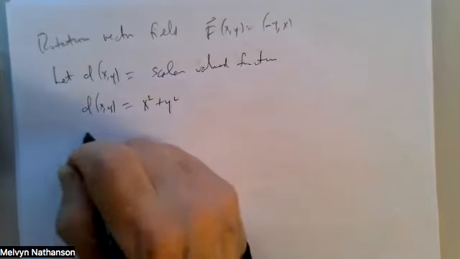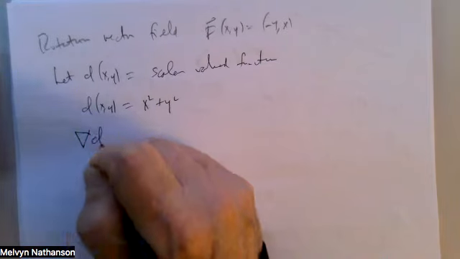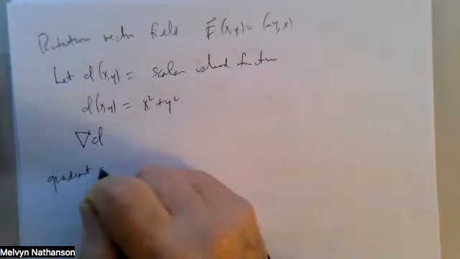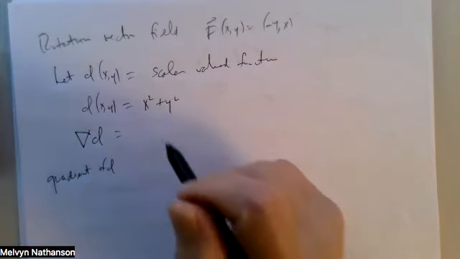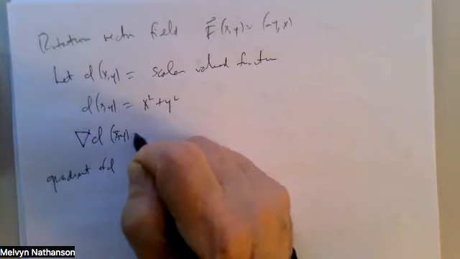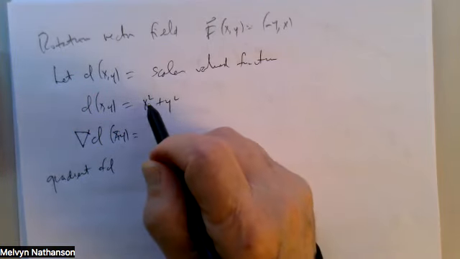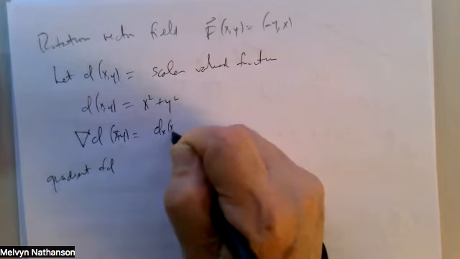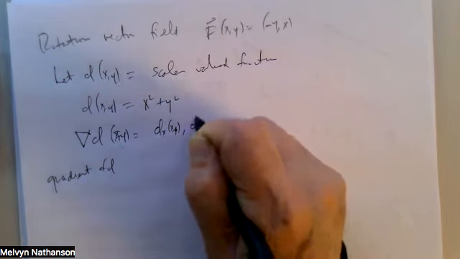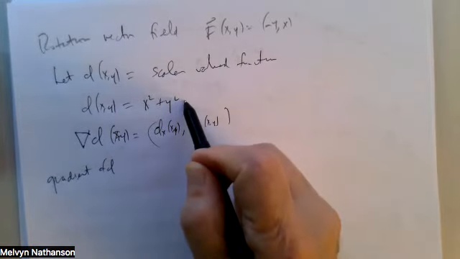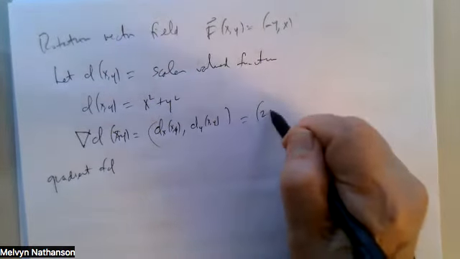We defined the gradient of phi. This function is vector valued. The gradient of phi at x y, you take, in general, the partial derivative of phi with respect to x, and the partial derivative of phi with respect to y. You differentiate this with respect to x, you get 2x.